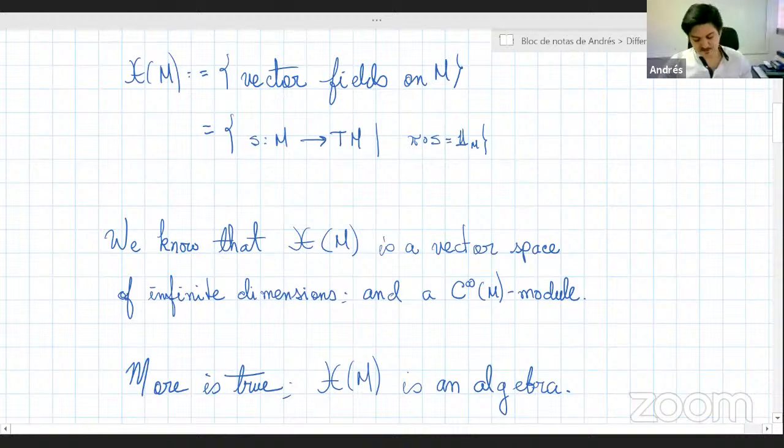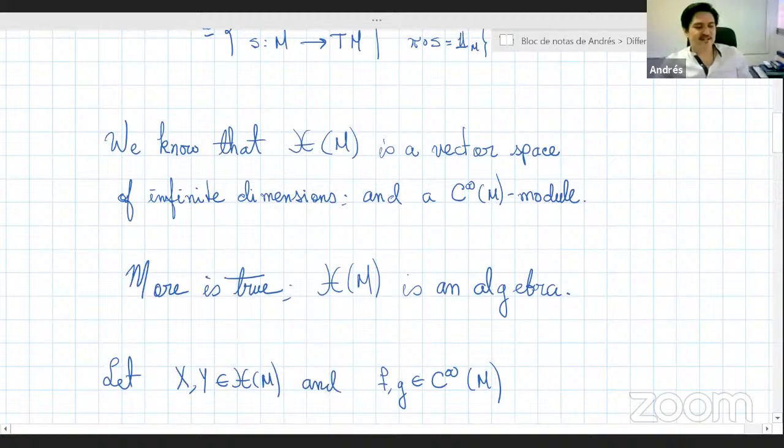But today we're going to see an additional feature of the set of vector fields, and we are going to show that it's in fact an algebra. We are going to define, so to speak, a product of vector fields, which is called the Lie bracket.